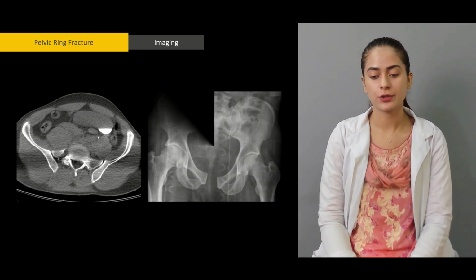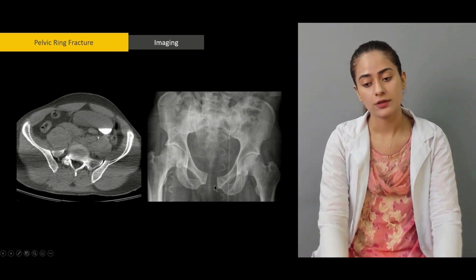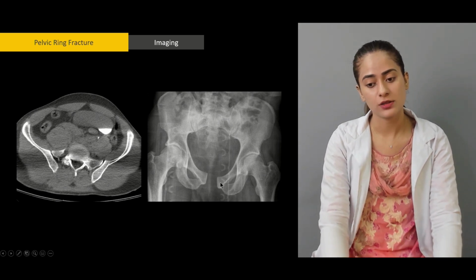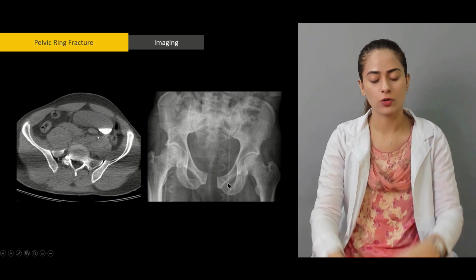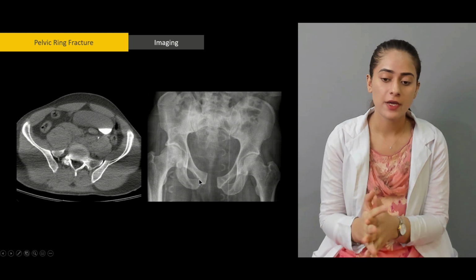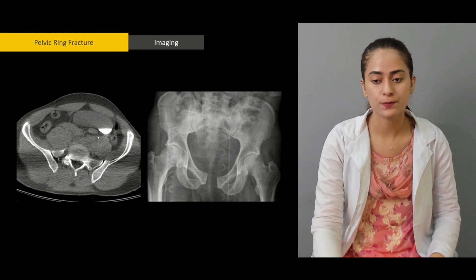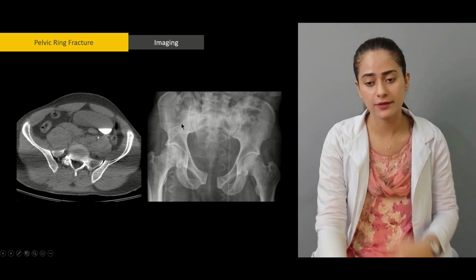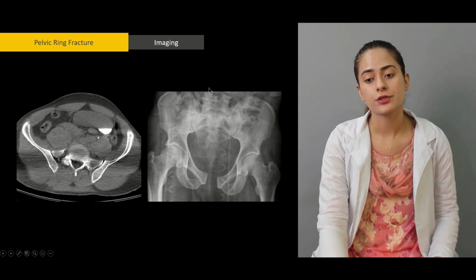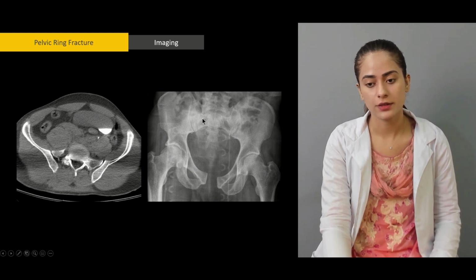So now we're going to look at the X-ray. The X-ray here shows a very large distance here, which is very visible, right? This should be less than 4 to 5 mm, but this looks to be a little bit more than that. And again, let's label it a little bit. So this is the spine, and this is the sacral spine here.